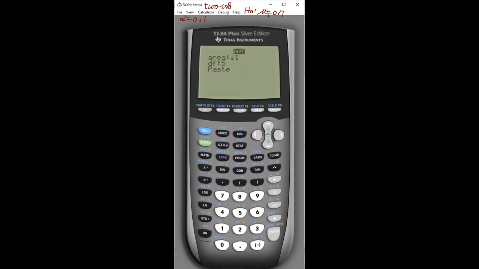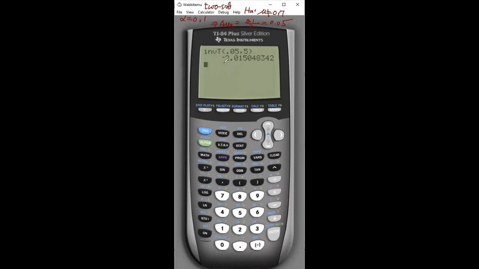Because this is a two-sided test, the area will be 0.1 divided by 2, so it's 0.05. Because with two sides, you want to find the tail area, that's why you divide by 2. So here you enter 0.05. The degrees of freedom is still 5. Then we get negative 2.015.